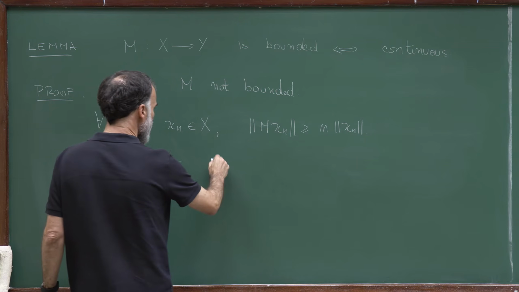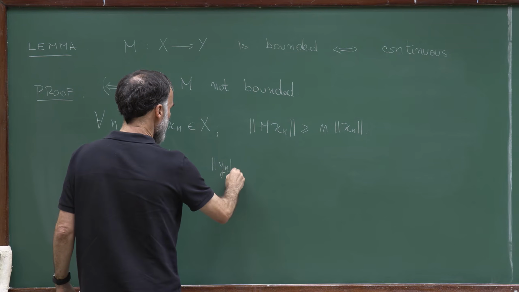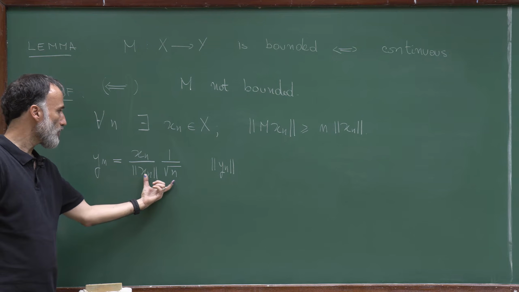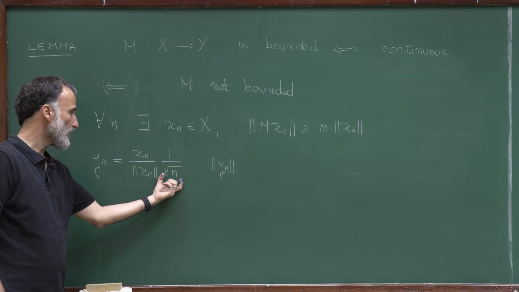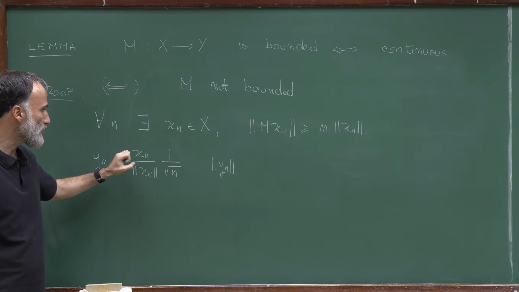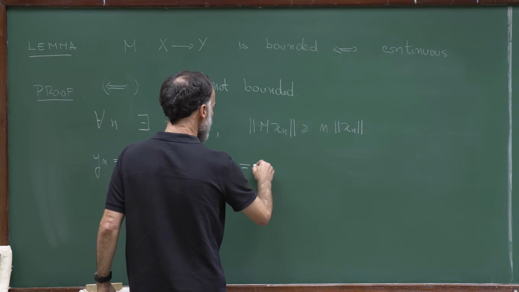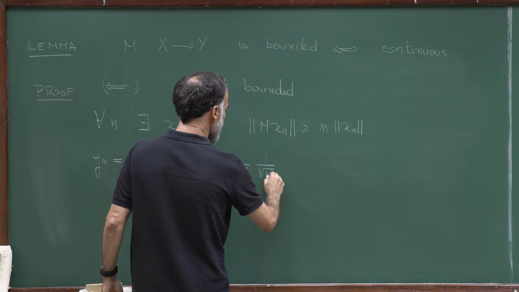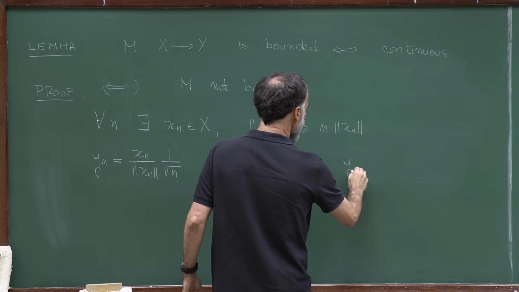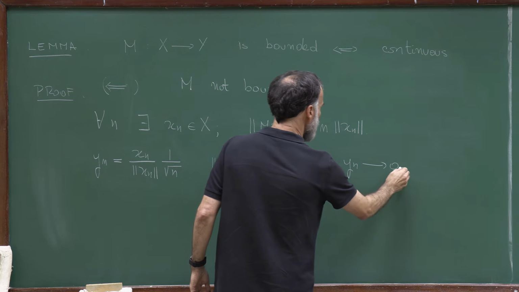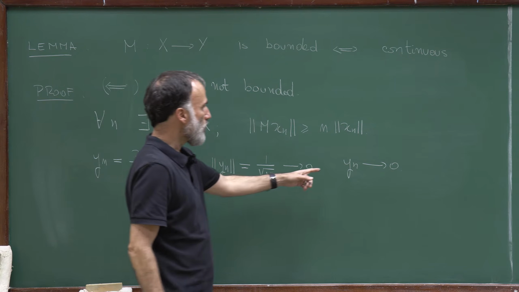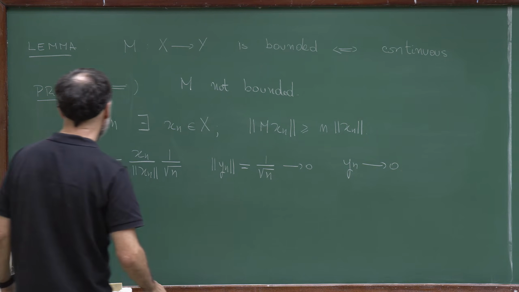Therefore, the norm of yn, which is equal to the norm of this expression, so square root of n goes out of the norm, I get the norm of xn divided by the norm of xn, which is 1. So the norm of yn is equal to 1 divided by square root of n, which converges to 0, which means that yn converges to 0. So we have a sequence here, yn, which is converging to 0.